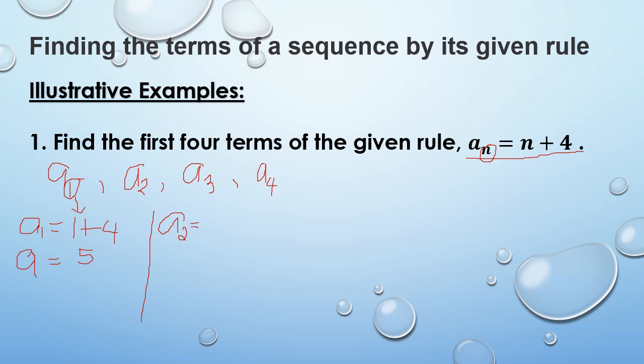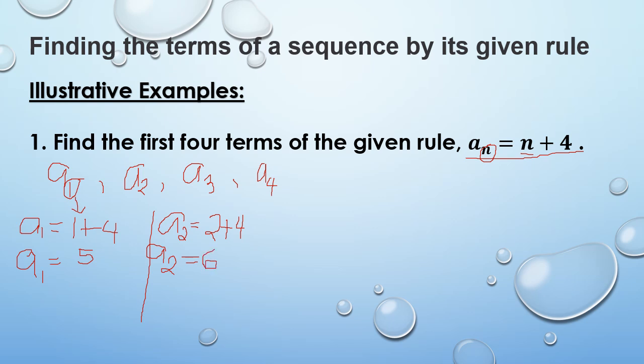Ang gagawin lang natin is papalitan lang natin yung n ng 2. So, n, which is 2, plus 4 is equal to a sub 2. Ang hirap magsulat. 2 plus 4 is 6.